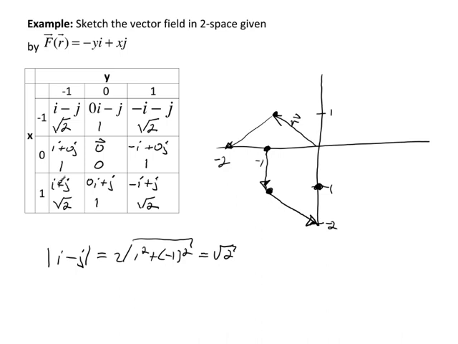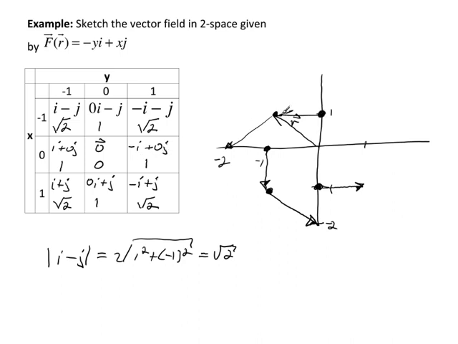This has a vector that is a +1 in the x direction. So it's going to look like this. At 0, 0, there's nothing there. When x is 0 and y is +1, I'm right here. And this is going to have a vector that is -1 in the x direction and no change in the y direction.